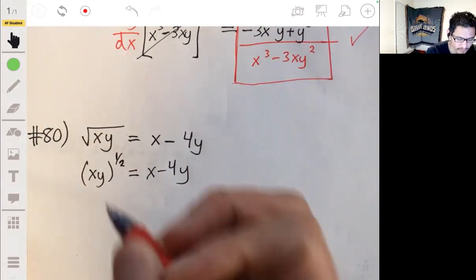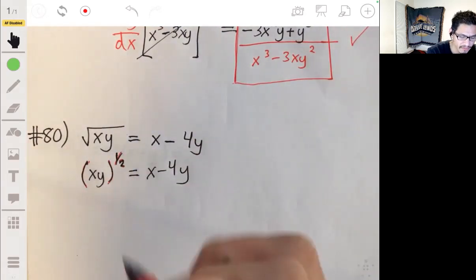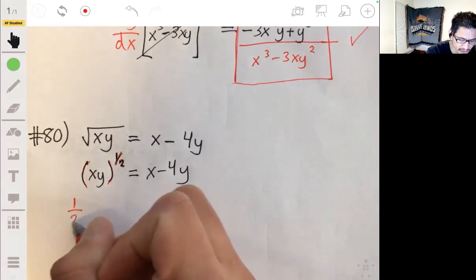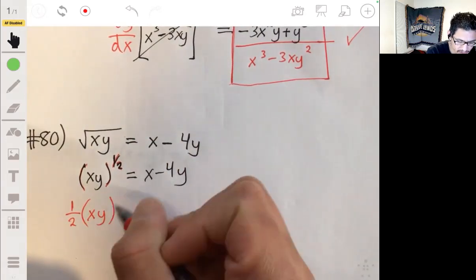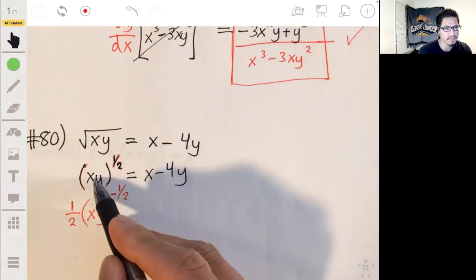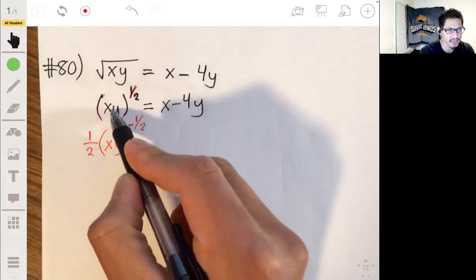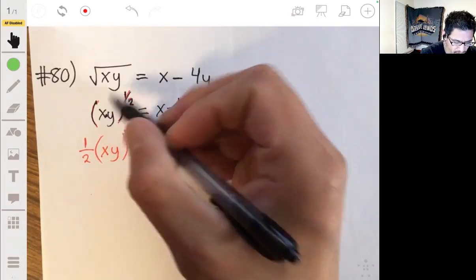So using chain rule, the derivative of the outside is 1/2 times xy to the negative 1/2 multiplied by the derivative of the inside. And that's going to involve product rule.